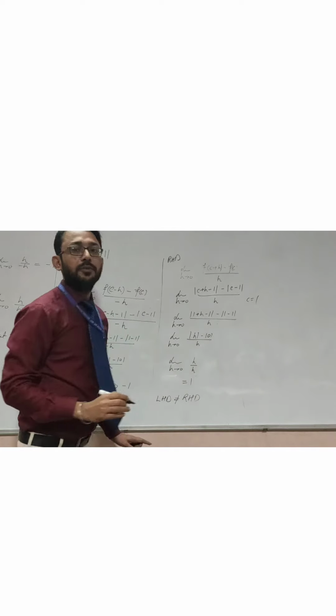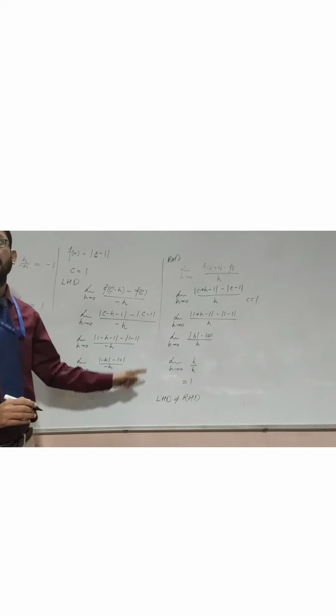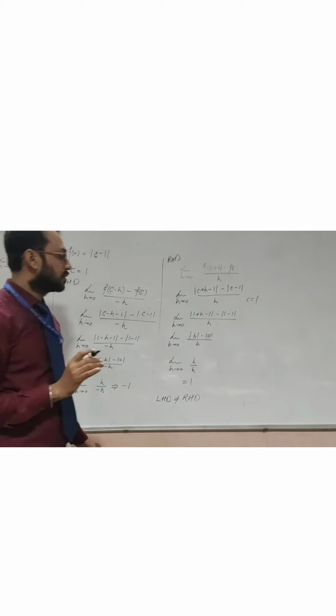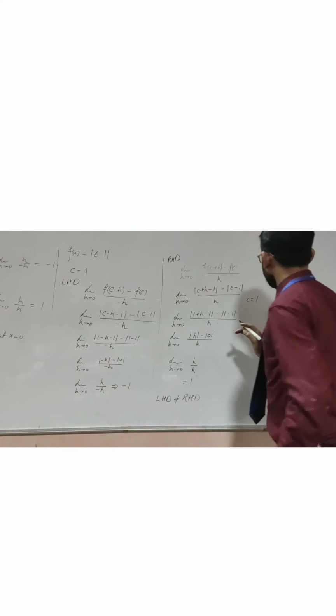This becomes limit of h tends to 0, h upon h, that is 1. So again what I am finding: left hand derivative is not equal to right hand derivative. Therefore the above given function is not differentiable at x equals 1.